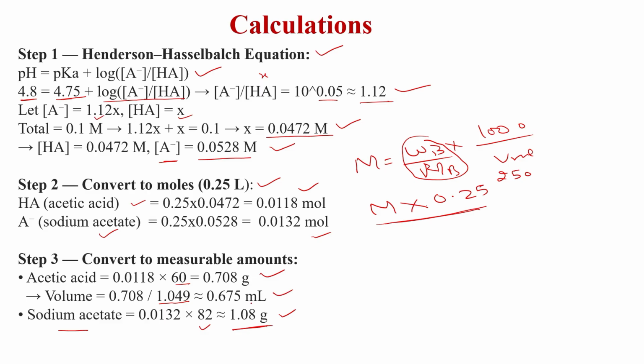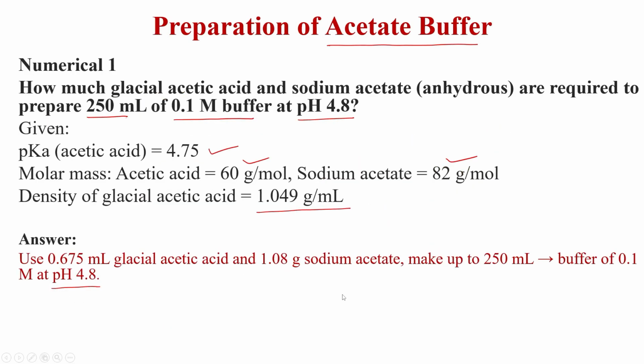So now we know that we have to take 0.675 ml of acetic acid and 1.08 gram of sodium acetate and make up the volume to 250 ml. Then we must have 250 ml of 0.1 molar acetate buffer at pH 4.8.